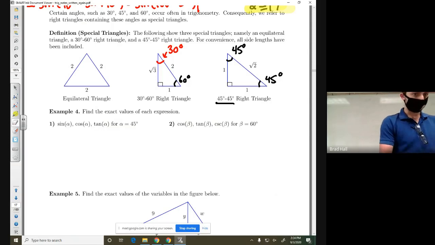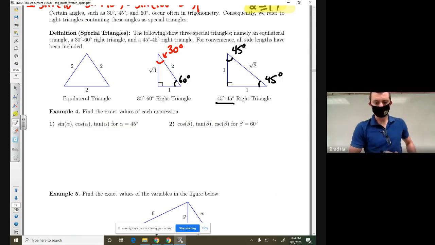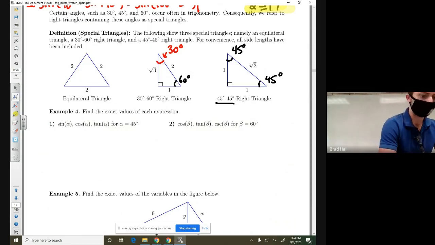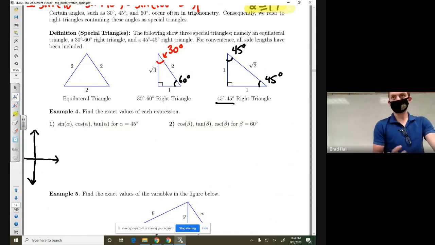So for example 4, and I'll have the special triangles up here. What we're going to start off doing is figuring out sine, cosine, and tangent for 45 degrees. The way we would do this before, if we're given an angle, we would draw out an XY plane, and we would plot out 45 degrees.